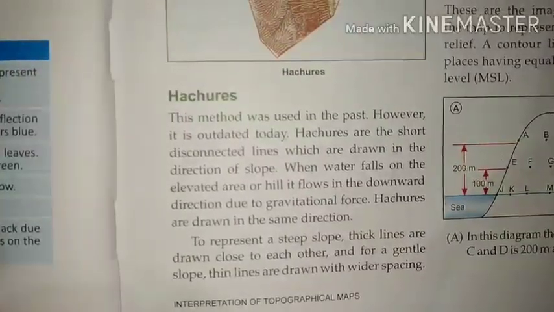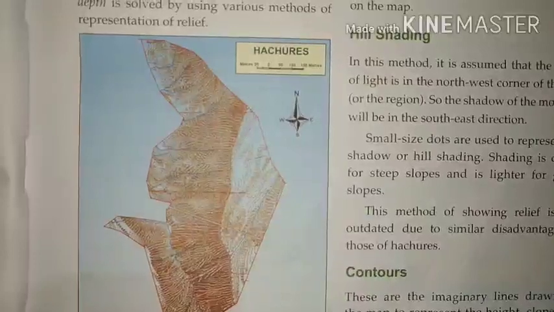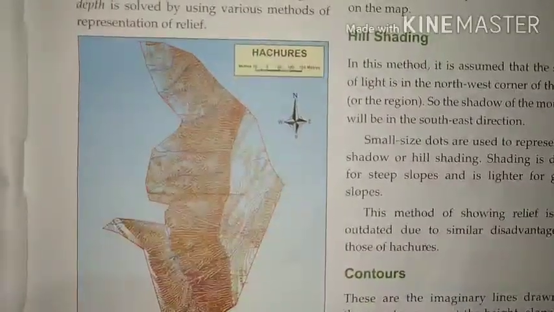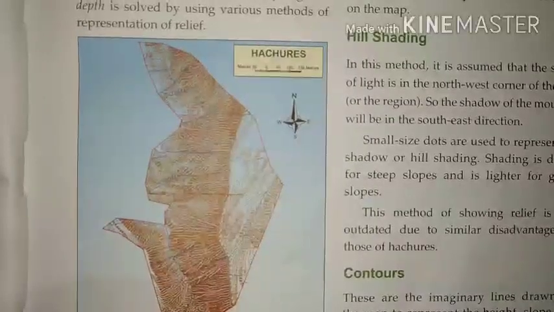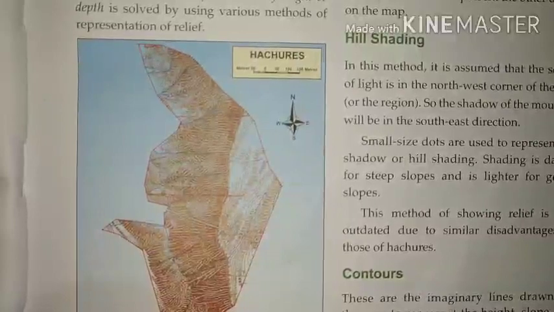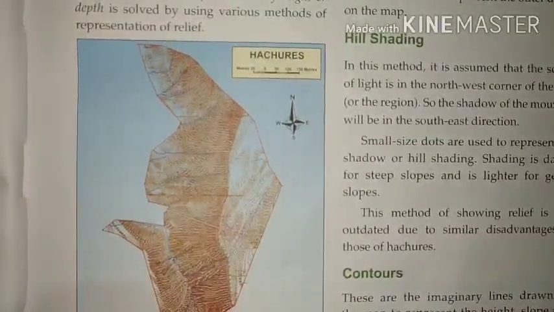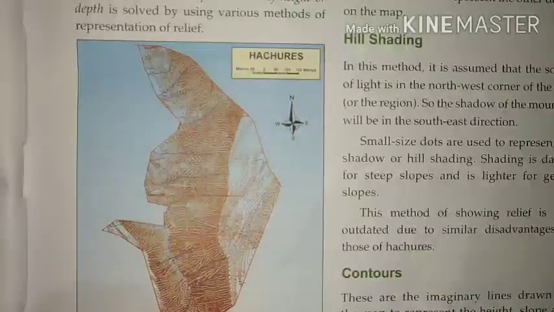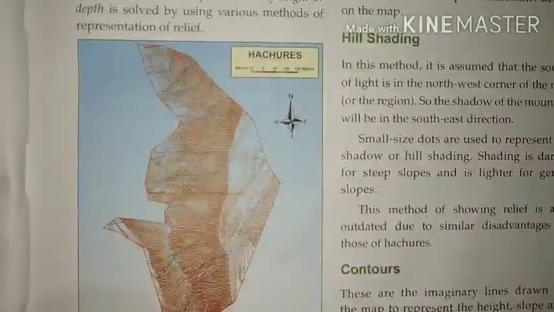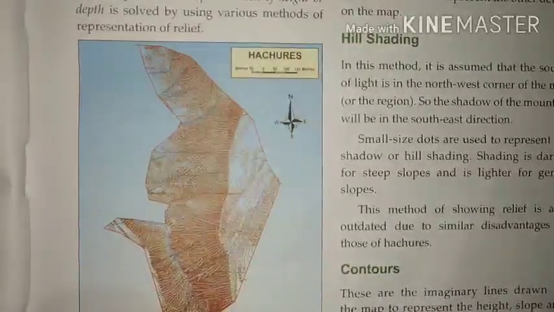Now we will talk about the second method. The second method is called hill shading. In this method it is assumed that the source of light is in the northwest corner of the map or the region, so the shadow of the mountain will be in the southeast direction. While using this method, we actually use shades, and we assume that the source of light may be the sun.